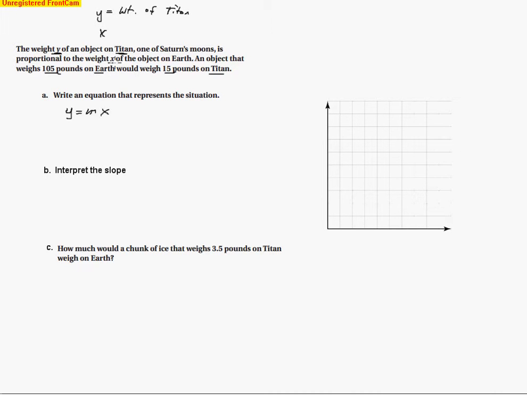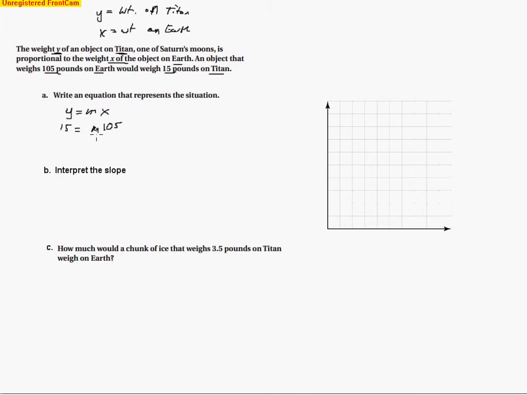It says x is the weight of the object on Earth, equals weight on Earth. And this isn't weight of, but weight on. And so we go ahead and substitute in. I've got 105 pounds on Earth, so 105, times m, and then weight on Titan is 15.